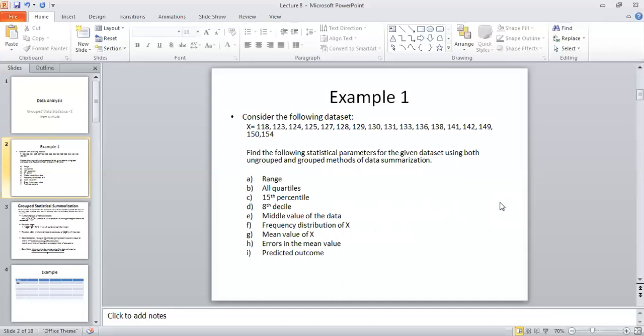There could be differences in the answers of the analysis that we will take later on, but both are acceptable. It is already in ascending order, as we can see, but it's not necessary for the data to be in ascending order when we are doing the class interval method of grouped data statistics.